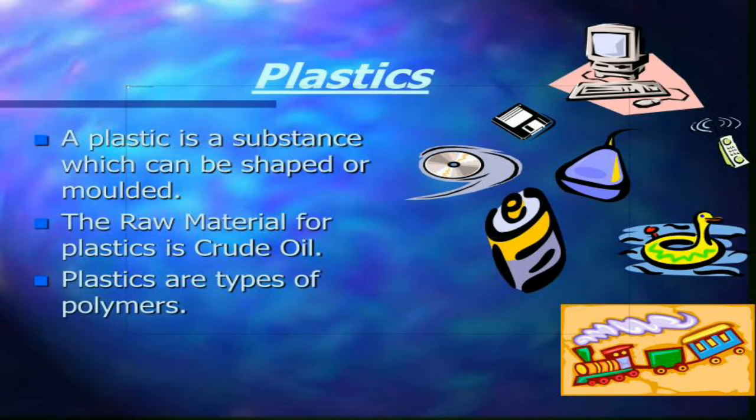A plastic is a substance which can be shaped or molded, and the raw material for plastic is crude oil. Plastics are types of polymers.